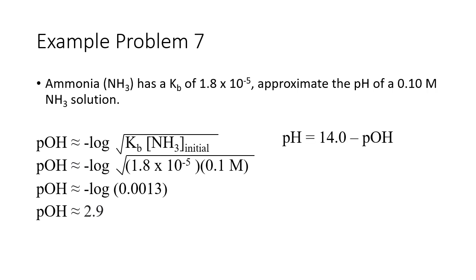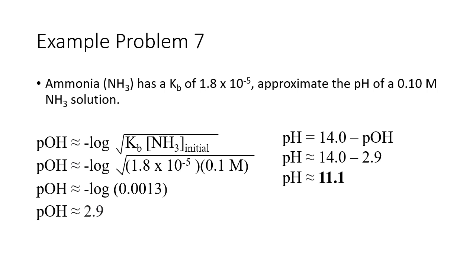Next, we need to convert this into a pH. So we use the equation pH equals 14 minus the pOH. We'll plug in our approximate pOH and we'll get pH is approximately 14 minus 2.9.